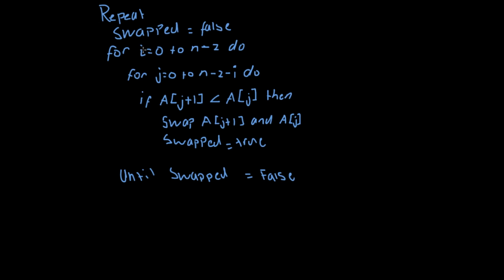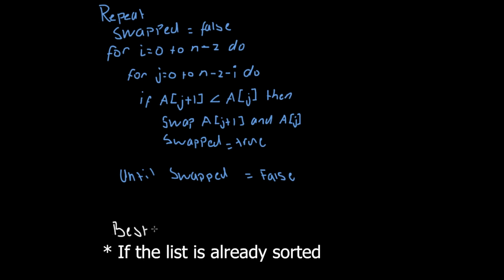With this modification, we have a swapped variable, and if no swaps happened during the bubble sort, that means the list is already sorted. Therefore, we exit. With that modification, the best time complexity would be O of n, since it would iterate through all the elements and stop if no swaps are made.